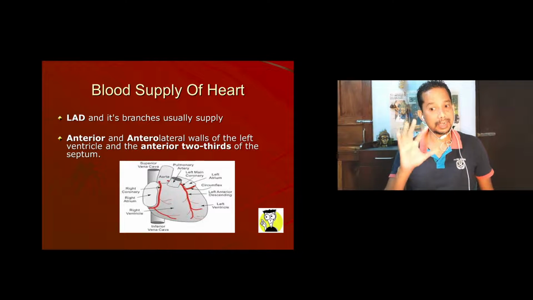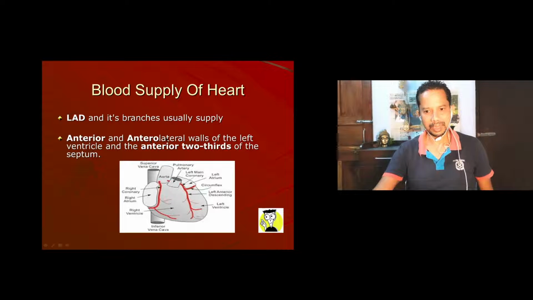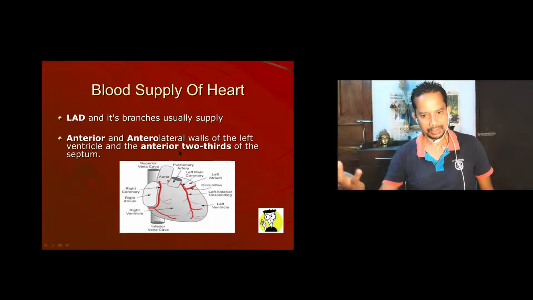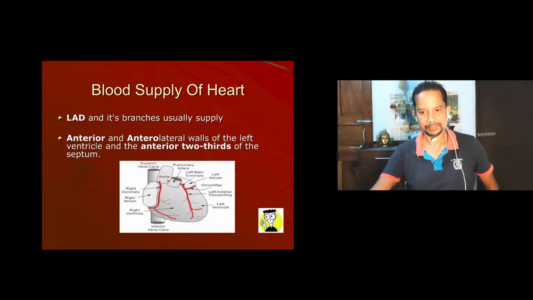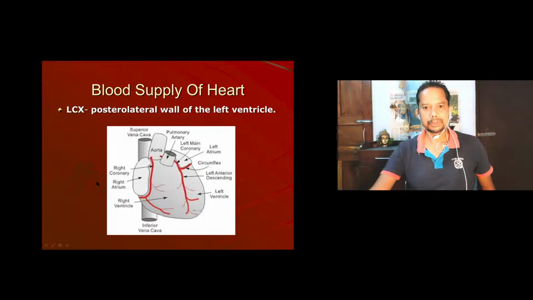The LCX supplies the posterior lateral wall of the left ventricle. This is the heart. You have to mirror image my actions, because I am looking at the heart from my side, so from your side it is inverted.